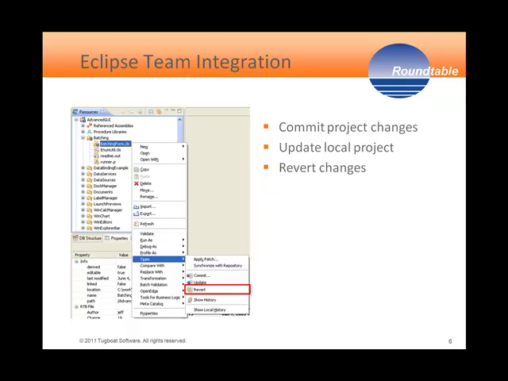You can selectively undo any changes made to your local project with the revert option. You can show history for the selected resource and replace a local copy with any version from the repository. And you can use the project synchronization view for finer control of incoming and outgoing changes.